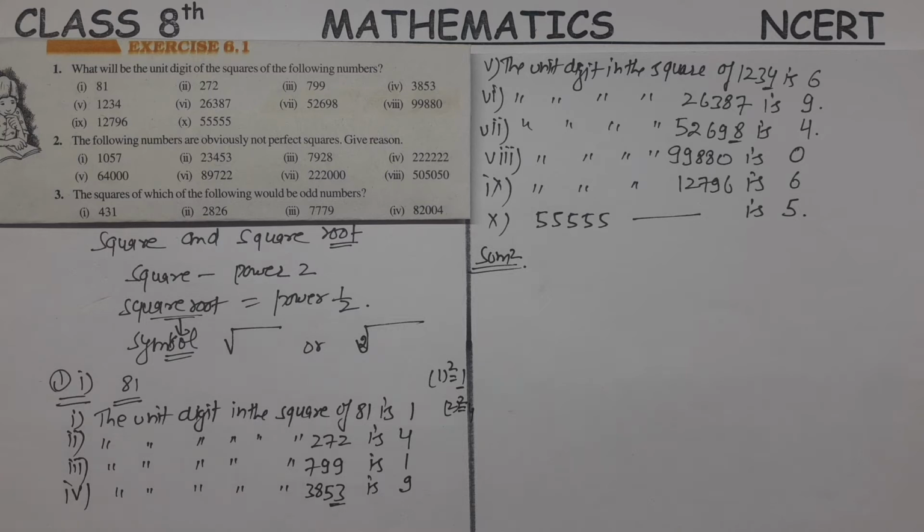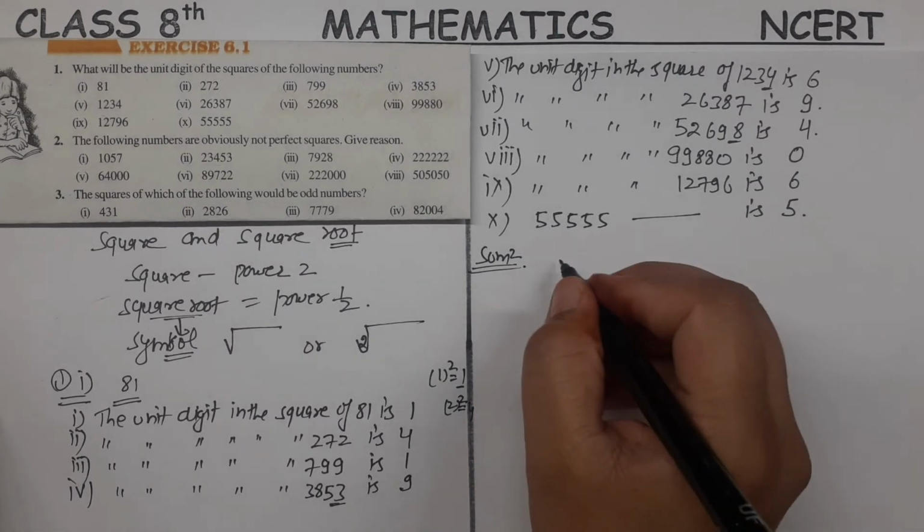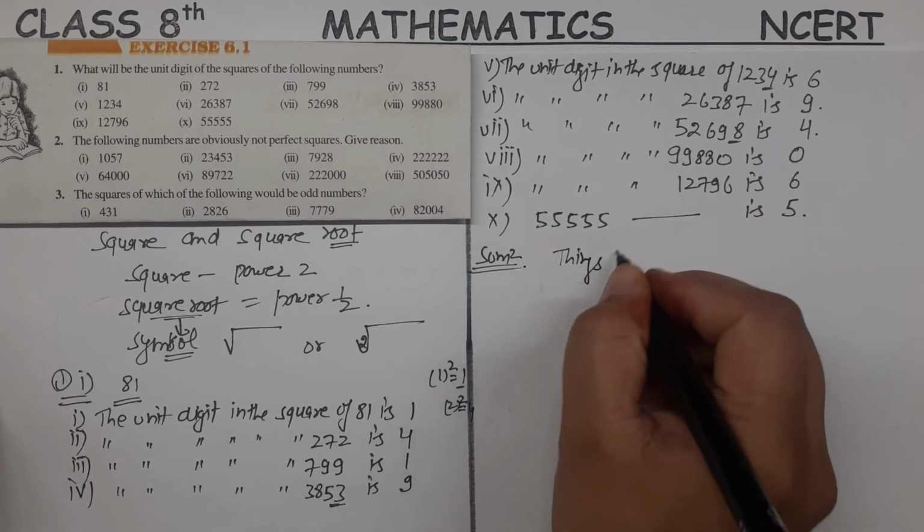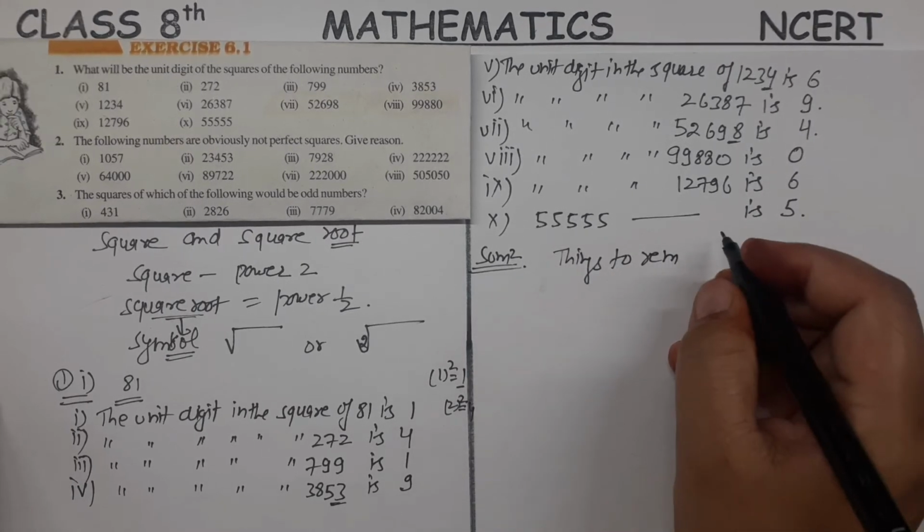Sum number second. The following numbers are obviously not perfect squares. Give reason. Things to remember.